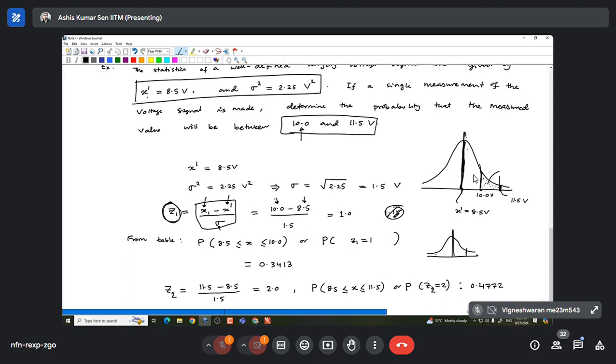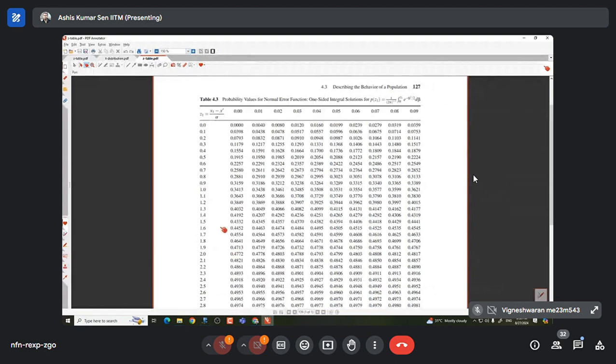So you go to the table, we get Z1 equal to 1.0. These different rows indicate the value of Z1, and these different columns signify the second digit after the decimal.